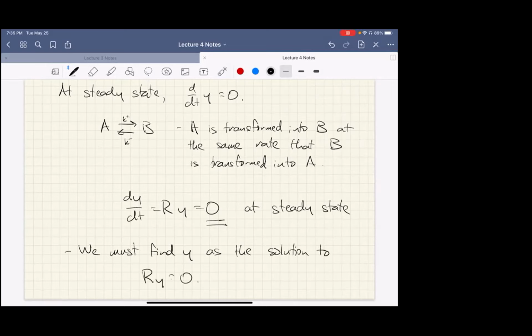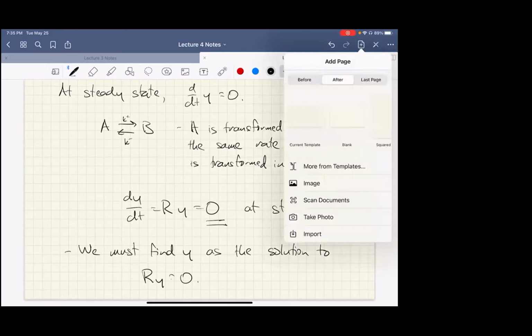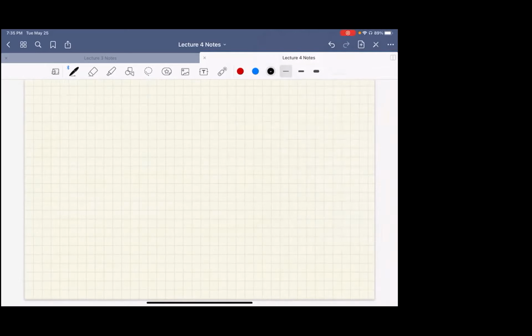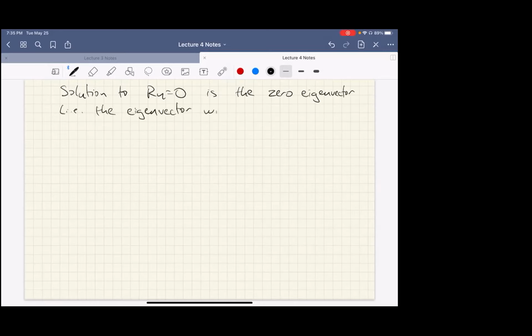But if you know anything about linear algebra, then you will realize that the solution to Ry equals 0 is the 0 eigenvector, i.e. the eigenvector at the 0 eigenvalue equal to 0.